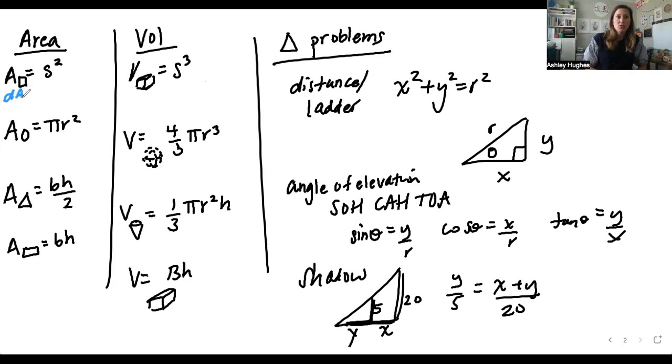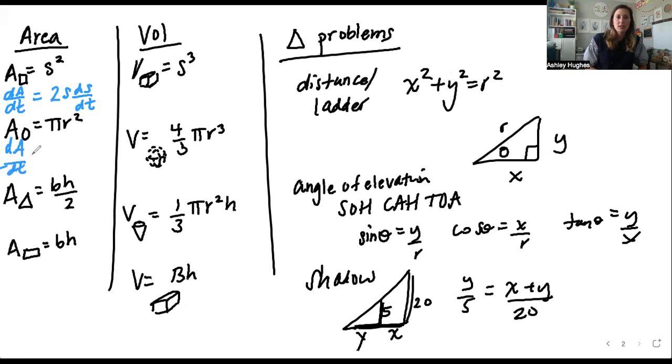And then after you have the problem, the equation, you're going to take the derivative of the equation. So just to give you a few examples, then you would say dA dt is 2s ds dt, or dA dt here is 2 pi r dr dt. dV dt here would be 3s squared ds dt.